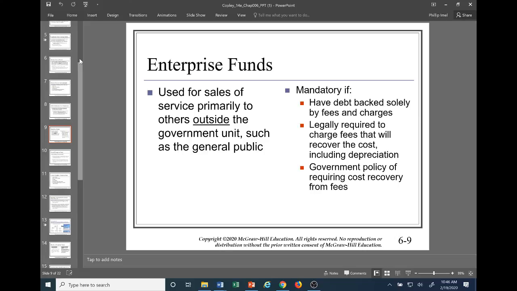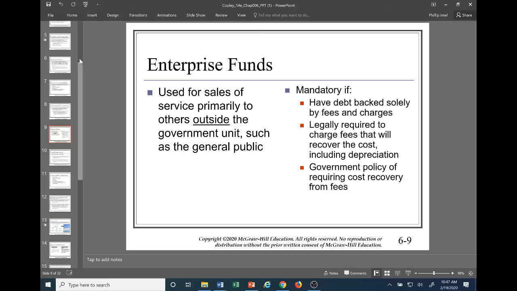The enterprise fund kind of has to be profitable on its own. As far as it being mandatory, you see a little parallel between them: debt backed by fees and charges, having to recover the cost, including depreciation, by charges and fees, and government policy requiring cost recovery from fees.